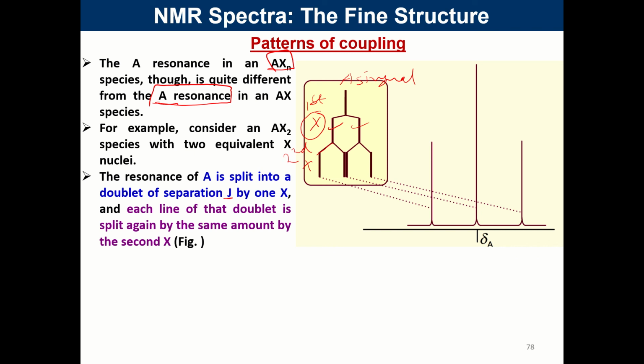So the number of X nuclei has increased from AX1 to AX2. The resultant is that two of the lines strengthen each other in the middle. So here the intensity will be 2, and the pattern is 1, 2, 1. Because of this you are getting different things.